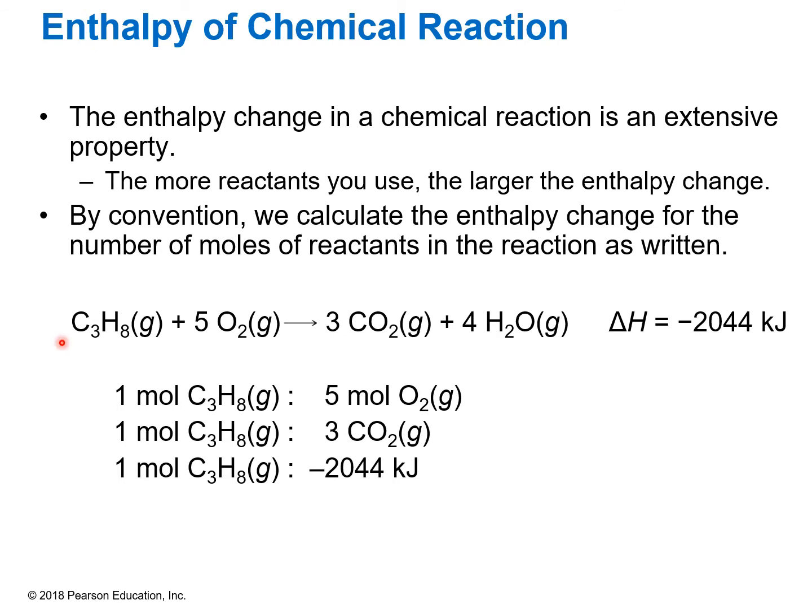Because just like I need each one of these to be exactly as they are for this equation to move forward, I also need the value of the enthalpy to be exactly this as well. So I could say that 1 mole of propane has a relationship with negative 2,044 kilojoules of heat when in this combustion reaction. So yes, we will be doing stoichiometry and we'll be using relationships like this.